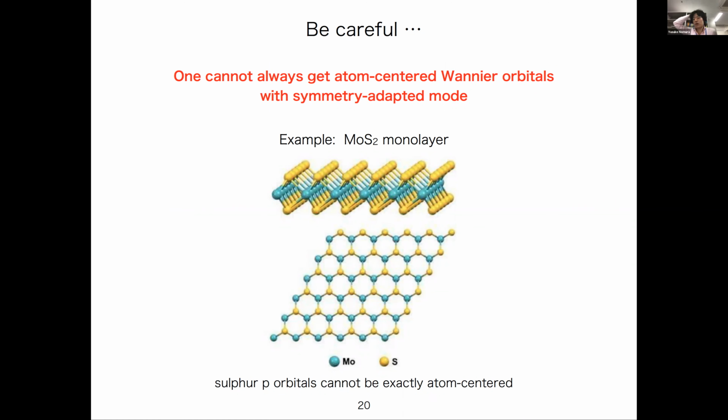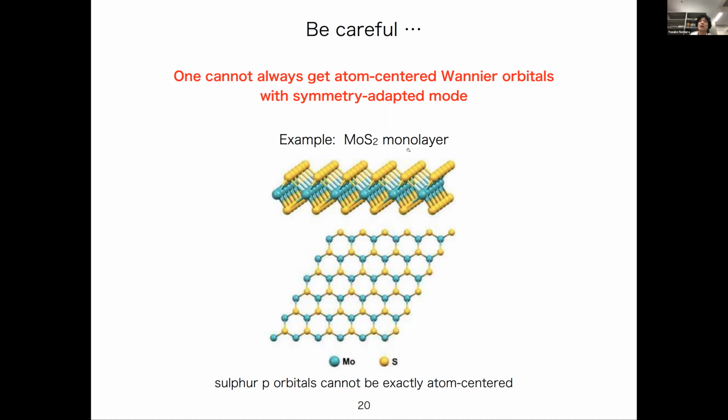Finally, what we need to be careful about is that we need to have symmetry to get exactly atom-centered Wannier functions. For example, I sometimes have questions from people who want to make really atom-centered Wannier functions for molybdenum disulfide.